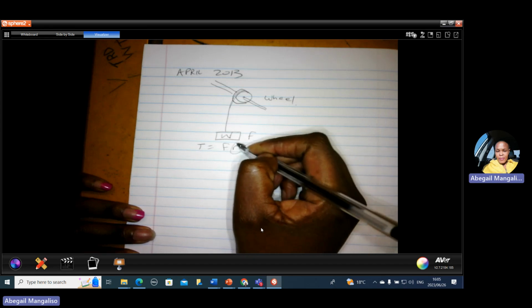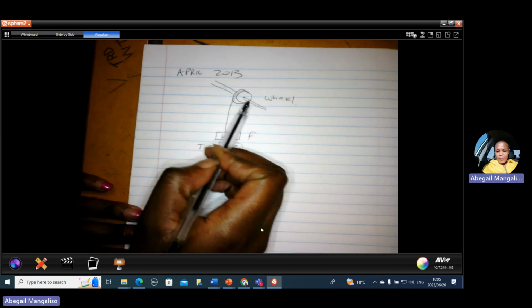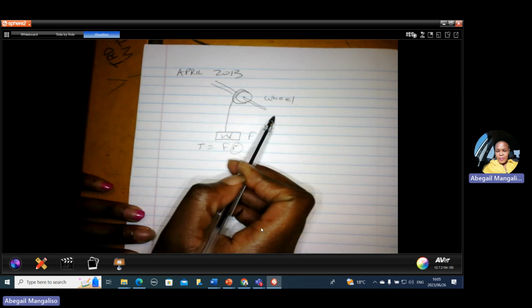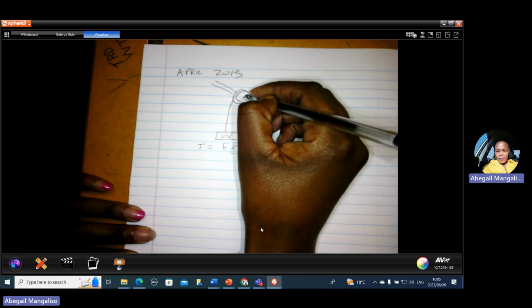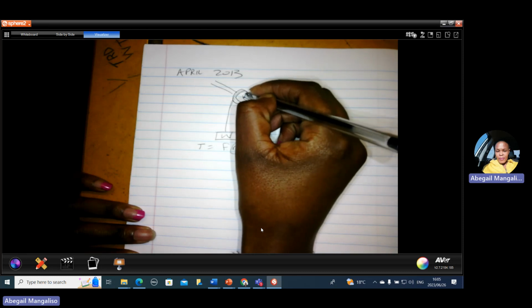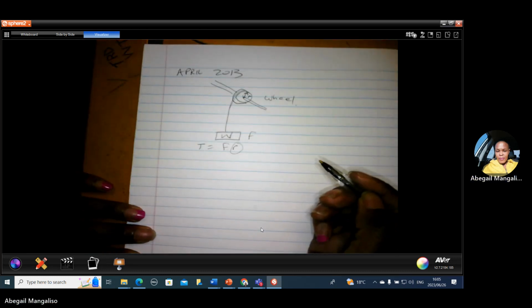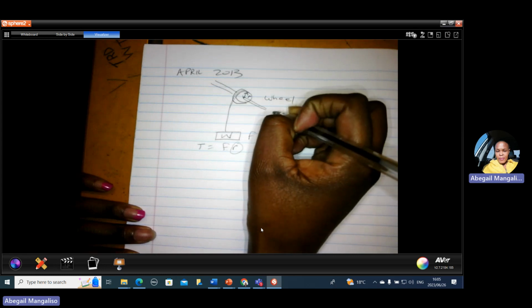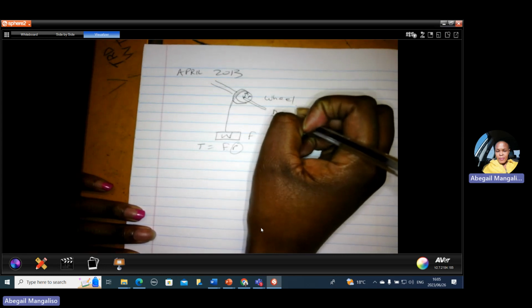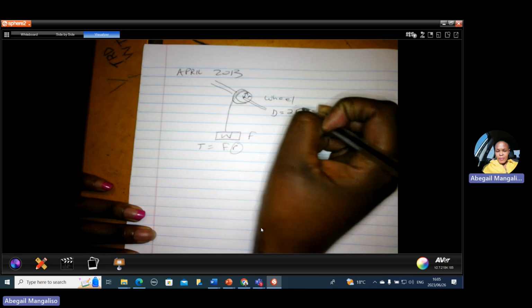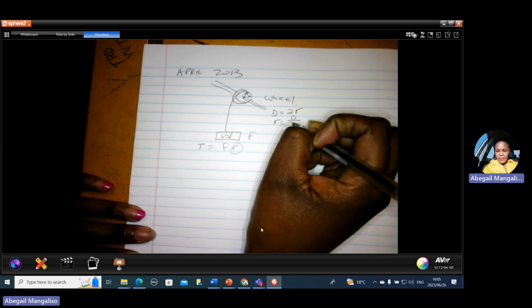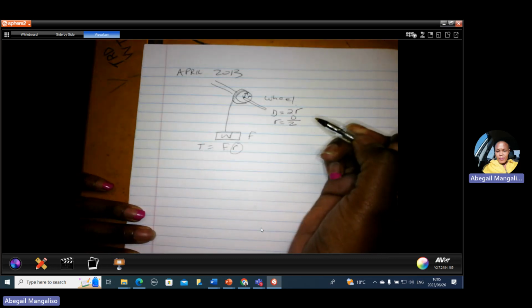Now the radius: this is the shaft that passes through the center of the drum or the wheel. The distance from the center to the circumference is called the radius. The relationship between the radius and the diameter is that the diameter is equal to twice the radius, or the radius is equal to d divided by 2, half of the diameter.